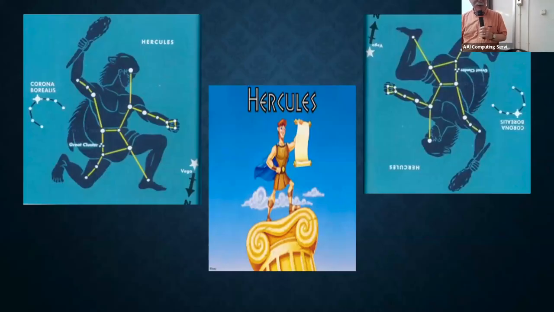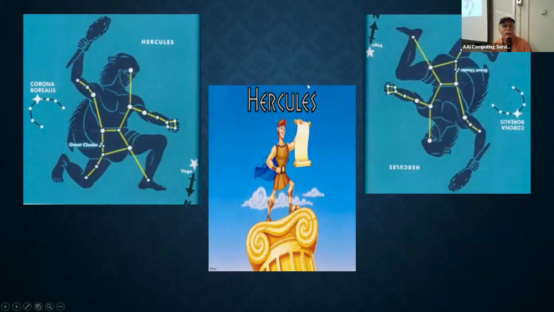Here's Hercules. I'm not sure why, but Hercules is upside down. I guess the ancient Greek astronomers were all lying on the ground looking up and weren't distinguishing up from down. So this is what the constellation looks like, except as you can see, north is that way. Vega is the bright star very close by right here.